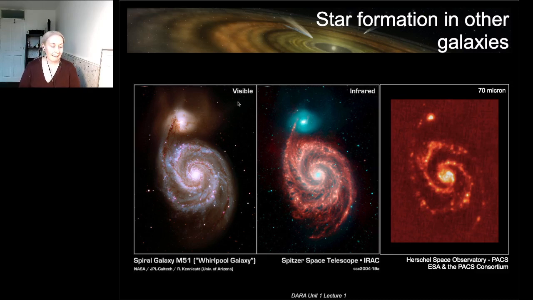The visible or optical light shows where stars have already formed. In the infrared, especially the near to mid-infrared, we're picking up the warm dust that is actively forming stars. And then at 70 microns, towards the far infrared, we start to pick up the emission coming from the colder dust that has not yet begun to form stars.